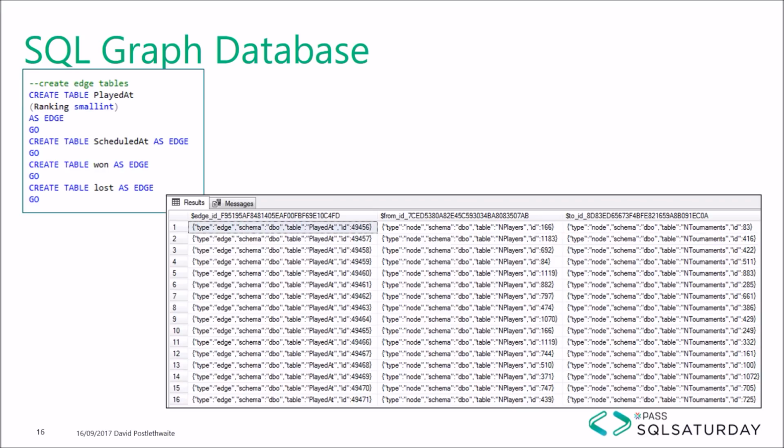We'll then have a $from_id column and a $to_id column, and these will store the node IDs of the rows in the node table that we are joining together. So the first row shows the player ID 166 played in the tournament ID of 83.